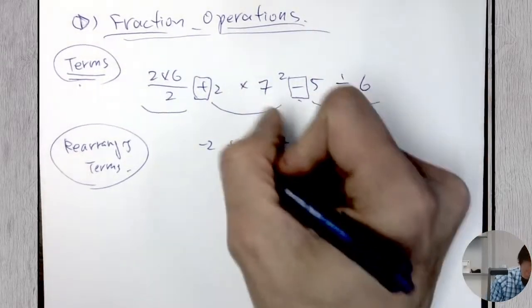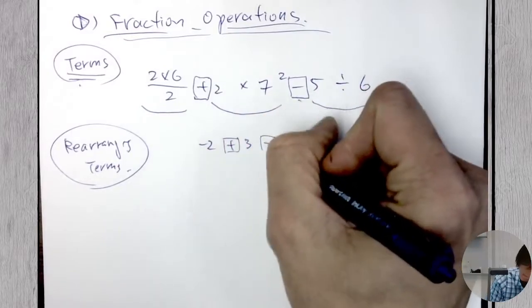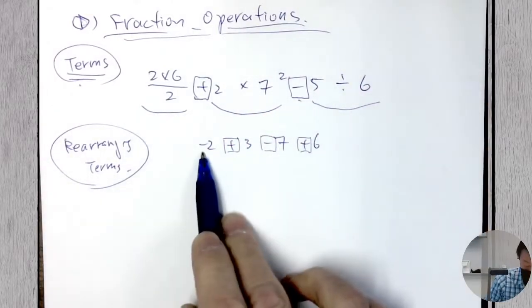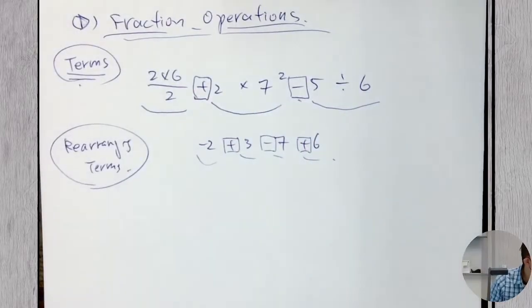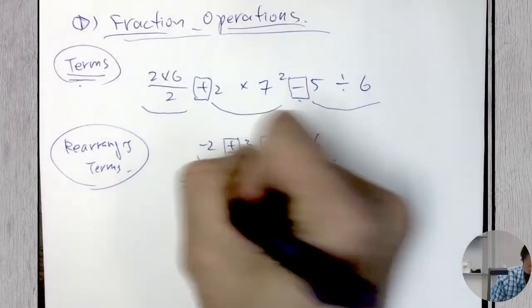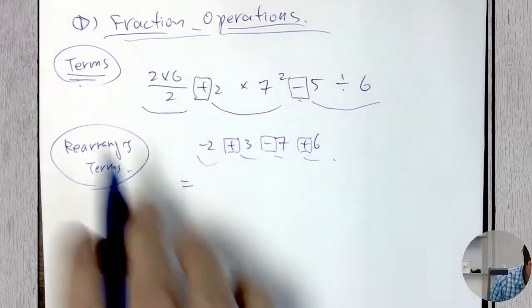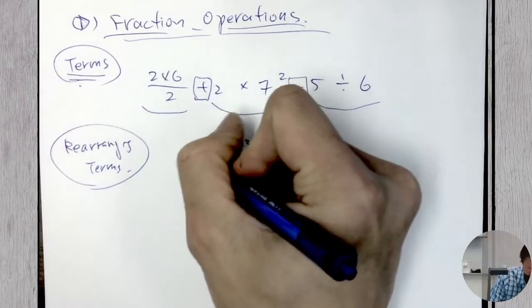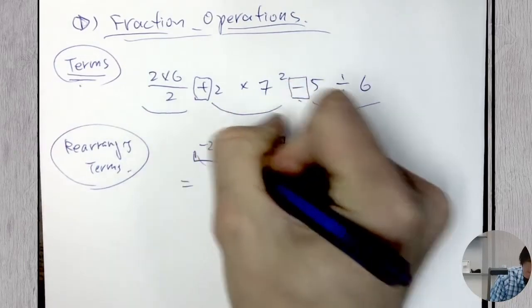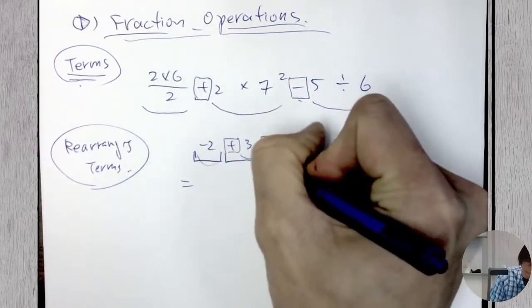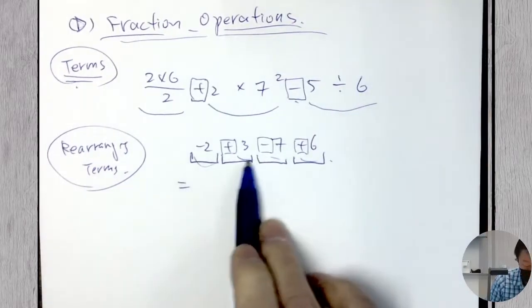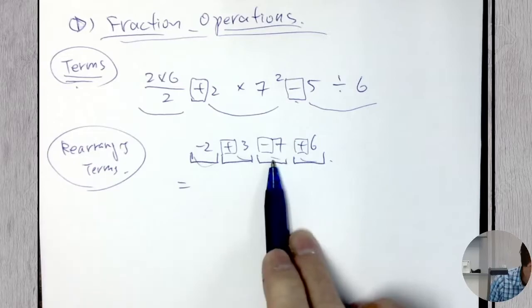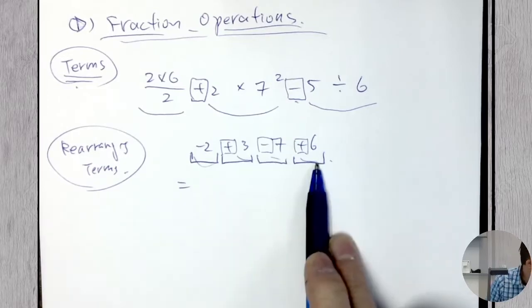So again, identify the plus and minus: 1, 2, 3, 4 terms. Once you identify them, we can rearrange this. When you move things around, be sure that you stick the sign to the number, okay? That's a -2, that's a +3, that's a -7, that's a +6.